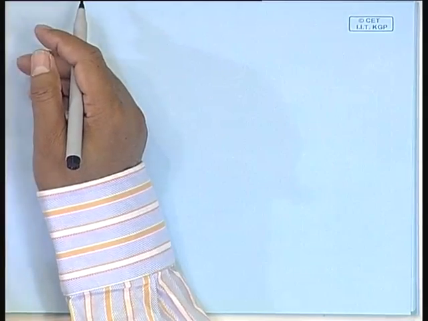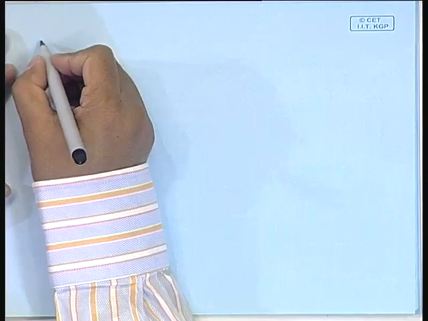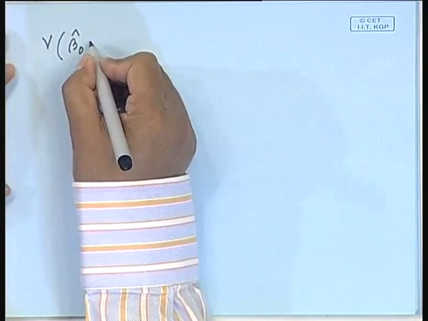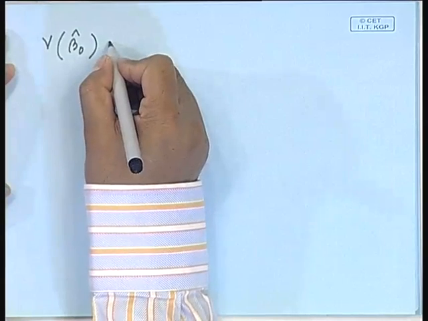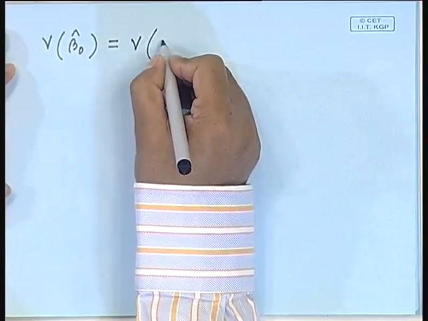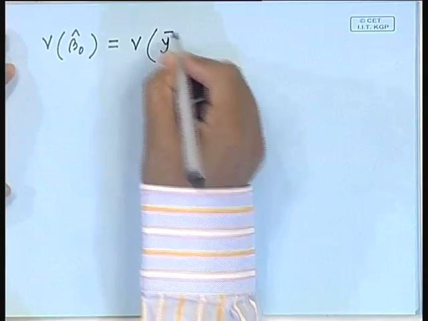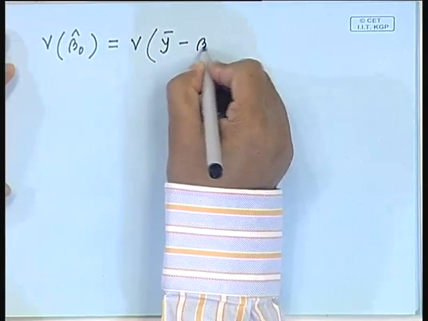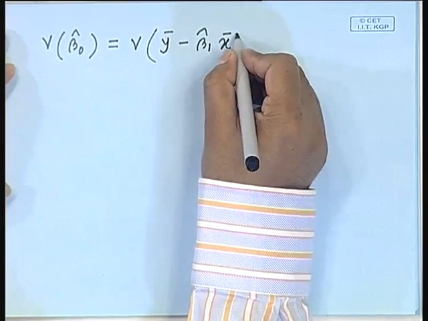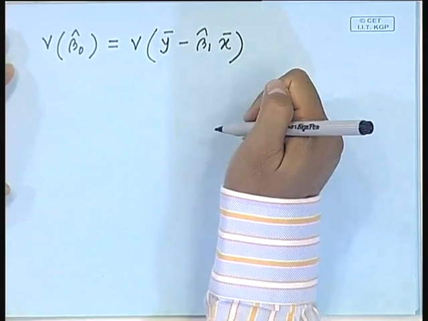Okay. So, next we talk about the variance of beta naught hat. Variance of beta naught hat is equal to variance of y bar minus beta 1 hat x bar, right.